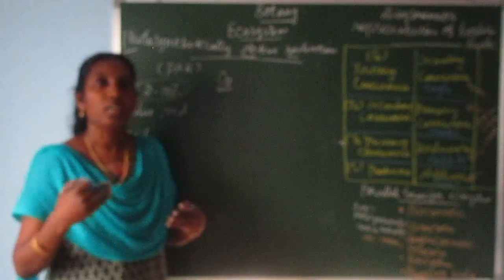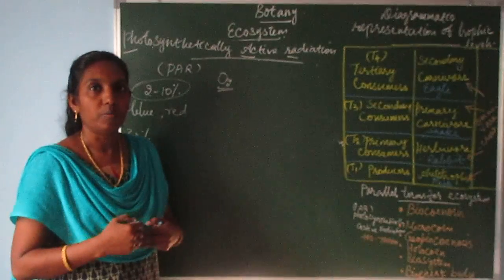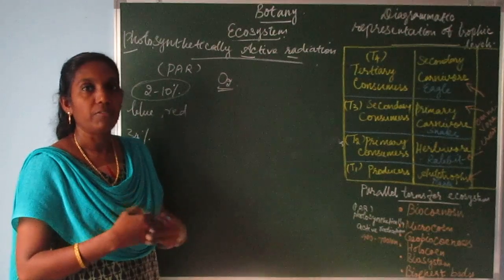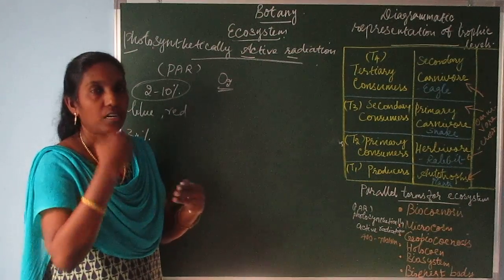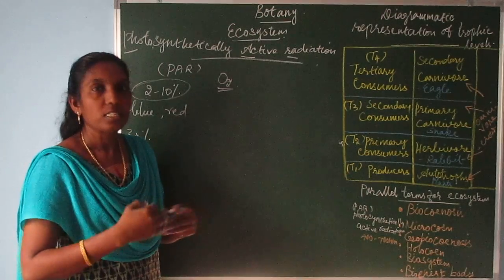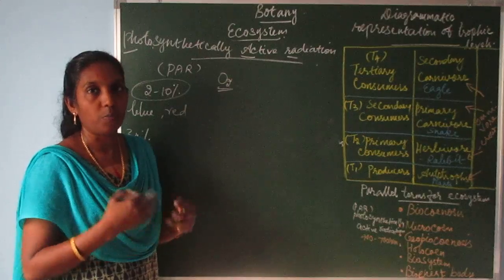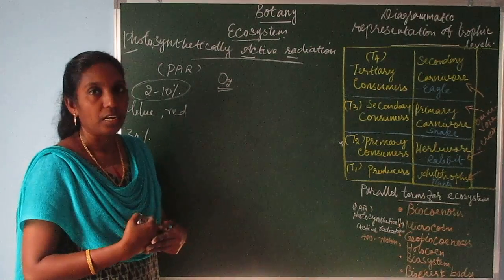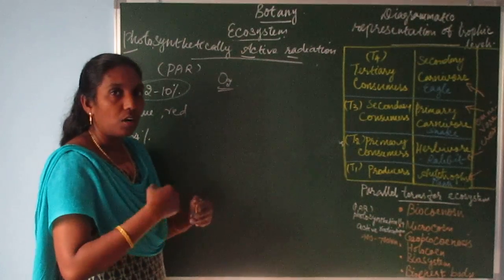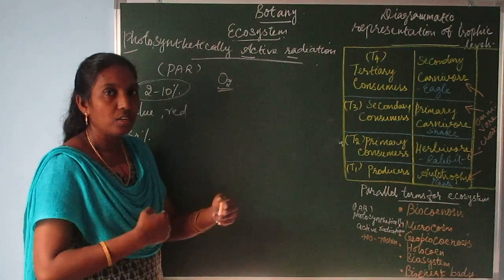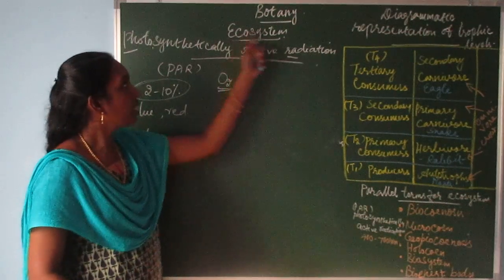In the living and non-living, biotic and abiotic components, there is an interaction between living organisms and the abiotic components. This interaction between the living organisms and the non-living organisms forms the ecosystem.